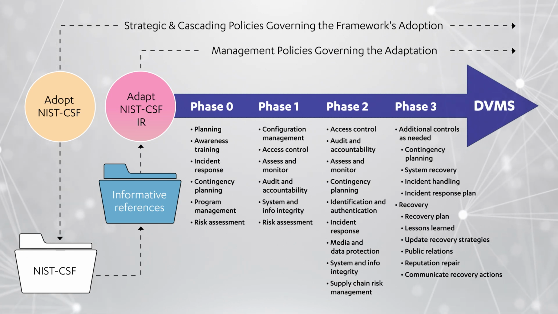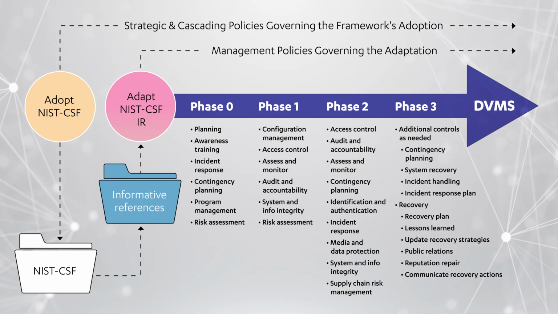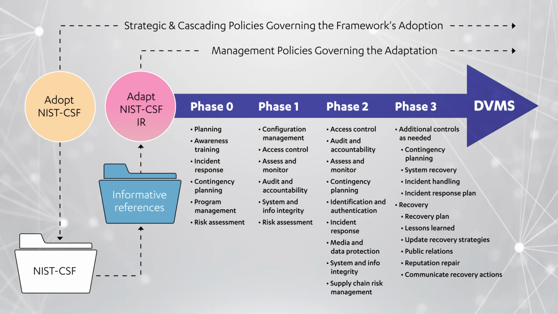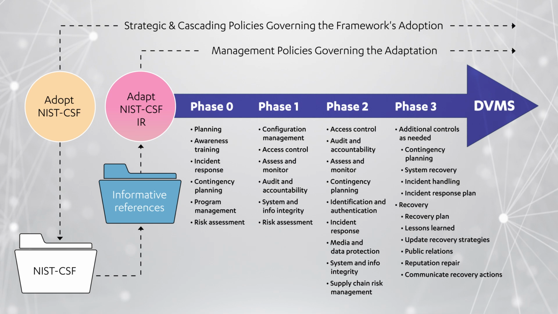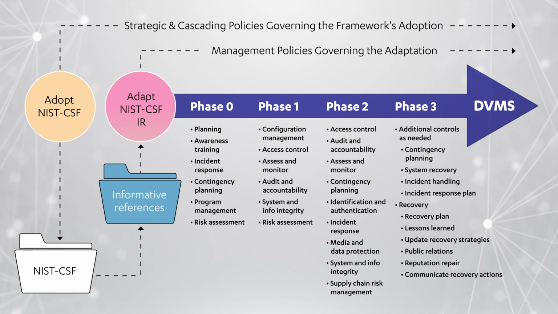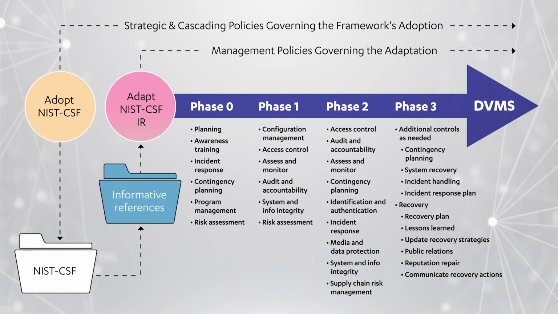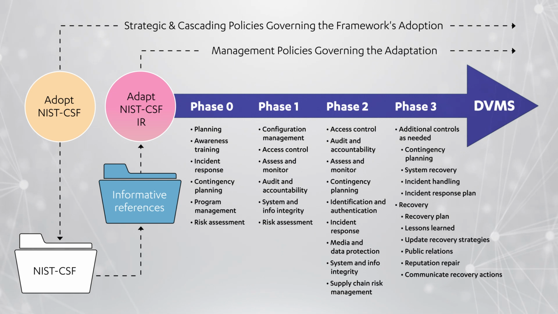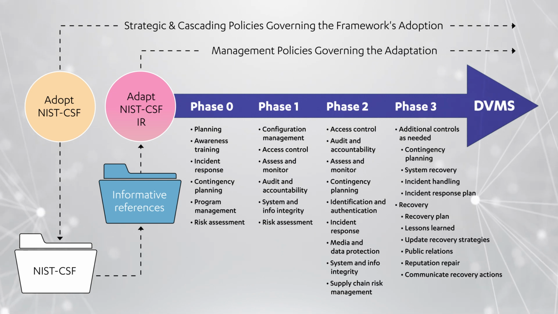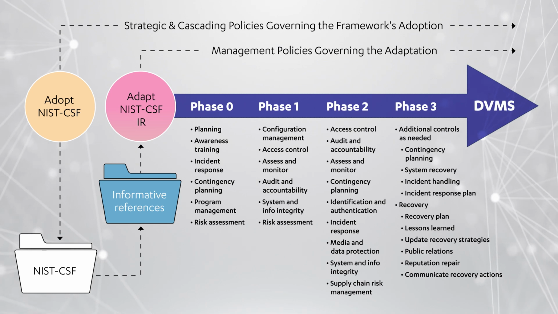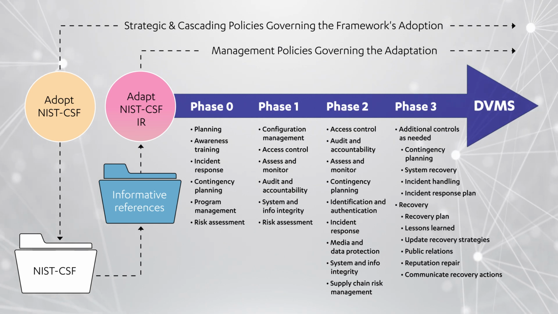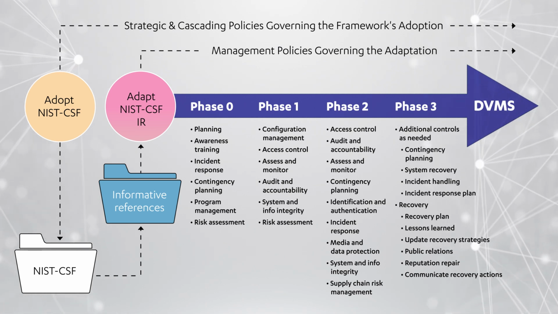Notice also that there is an extensive addition of recovery controls here that looks at how we go about the process of successfully executing a recovery plan, being able to manage public relations, manage reputation repair if required, and ultimately to be able to ensure effective communications throughout a recovery approach.